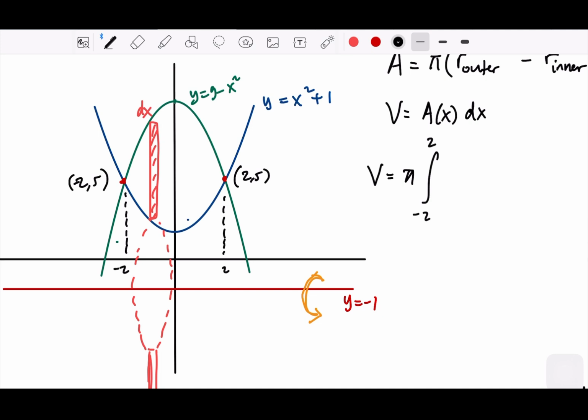But we have some additional distance here. If it were just about y equals 0, we could just use 9 minus x squared. But since we have the distance, we need to add that distance. Okay.